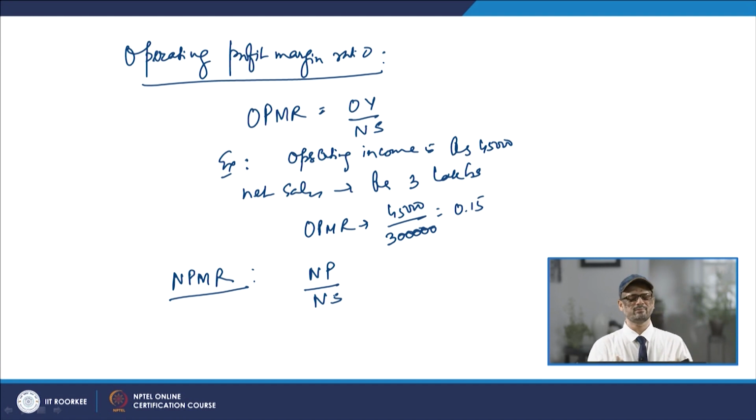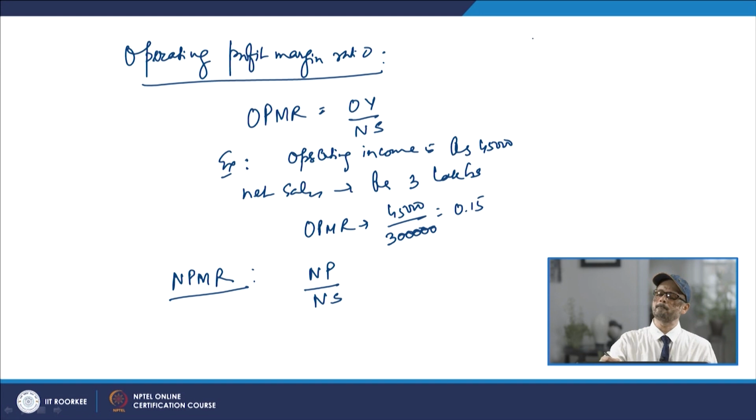If you are given a percentage and the net sales is known to you, then that percentage of the net sales will be your net profit. That way you can directly calculate this net profit margin ratio, that is NPMR.